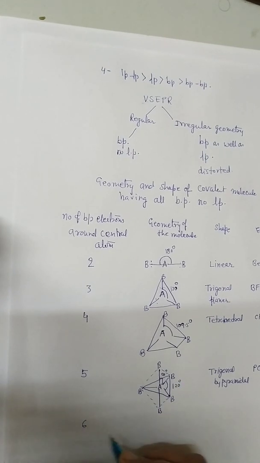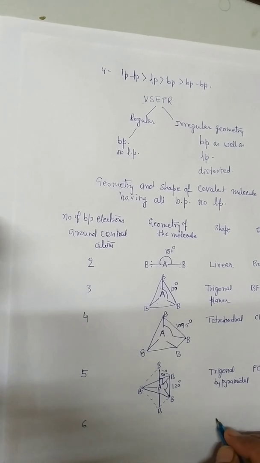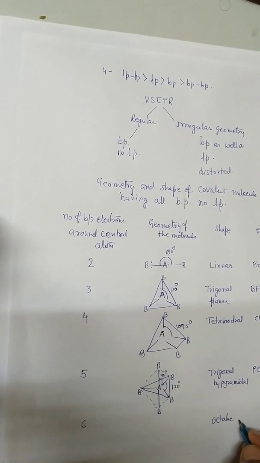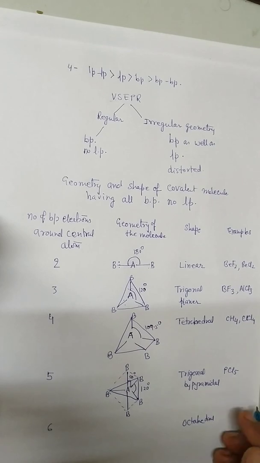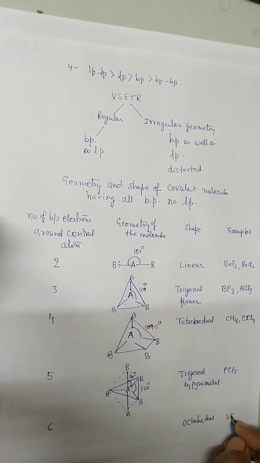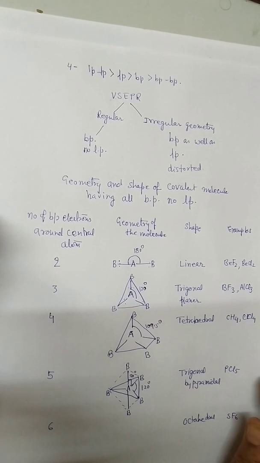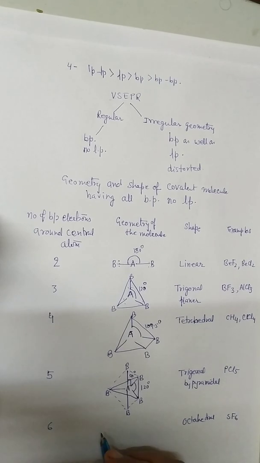When there are 6 bond pairs, the shape of the molecule is octahedral. The example is SF6.